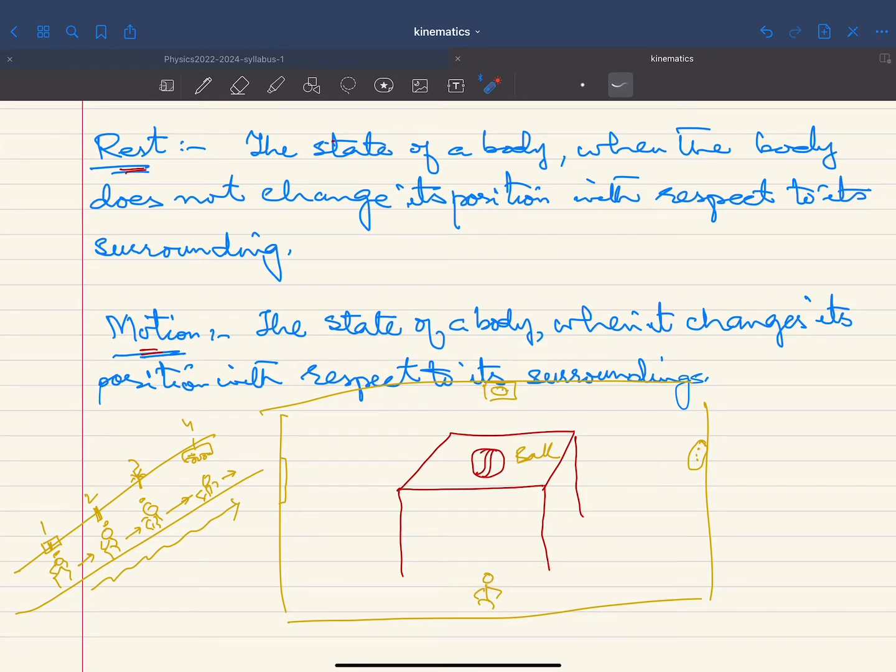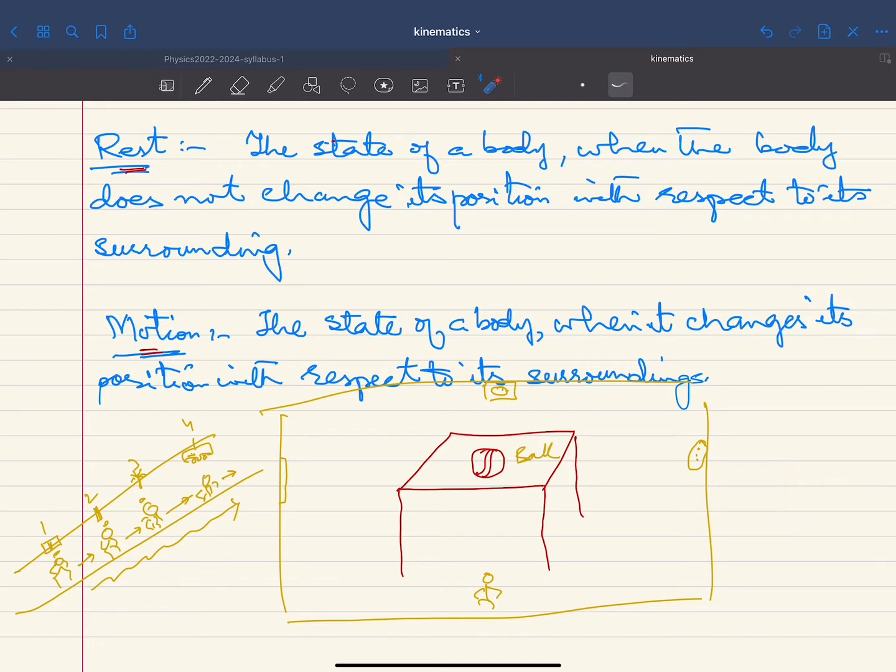But as the room itself is orbiting with the earth, if you consider not the room but the earth as our surrounding, then you will say that the ball is moving.